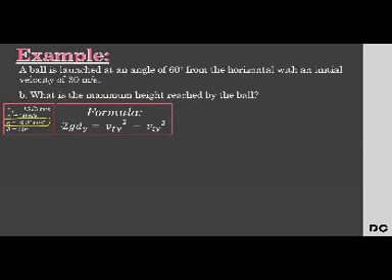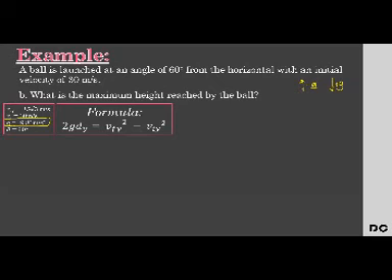As I said earlier, if the movement of the object is upward, gravity is negative. And if the movement of the object is downward, gravity is positive. Okay, so always remember that.